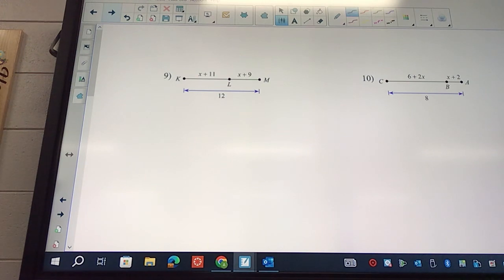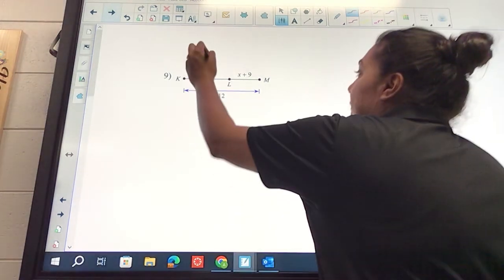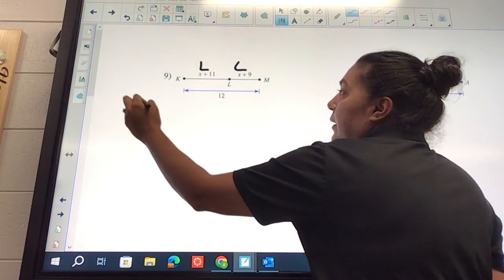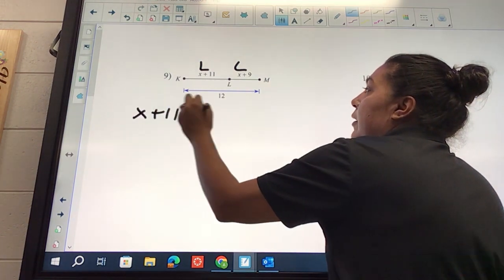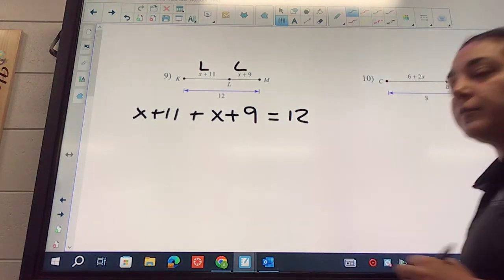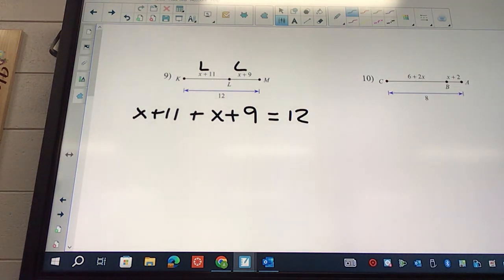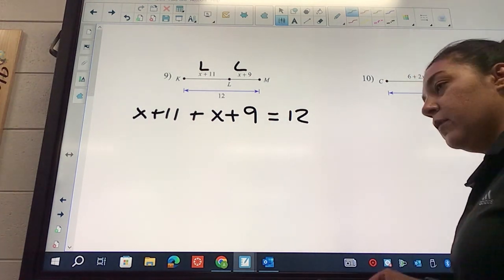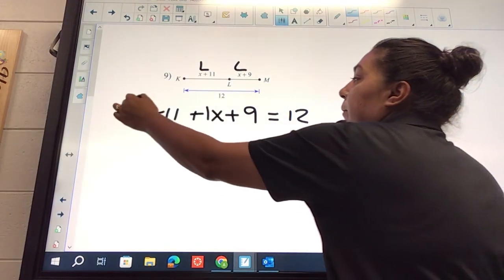Okay, number 9, we can go ahead and write these out, and we're gonna say this first one plus this one. Okay, so x plus 11 plus x plus 9 equals 12. Okay, and then I can go ahead and put a 1 in front of the x's, okay?